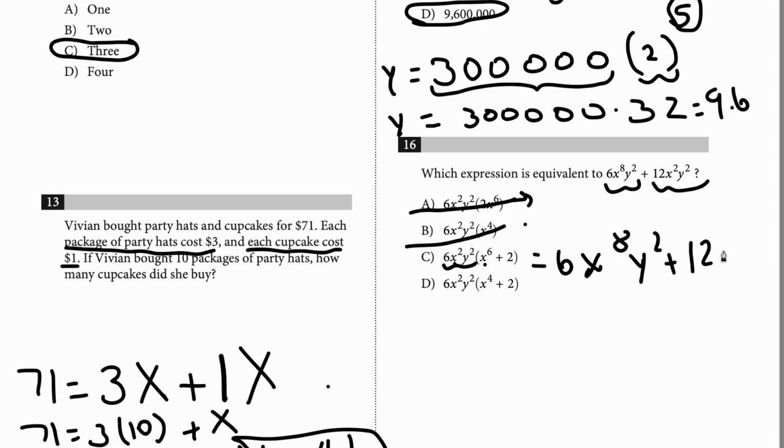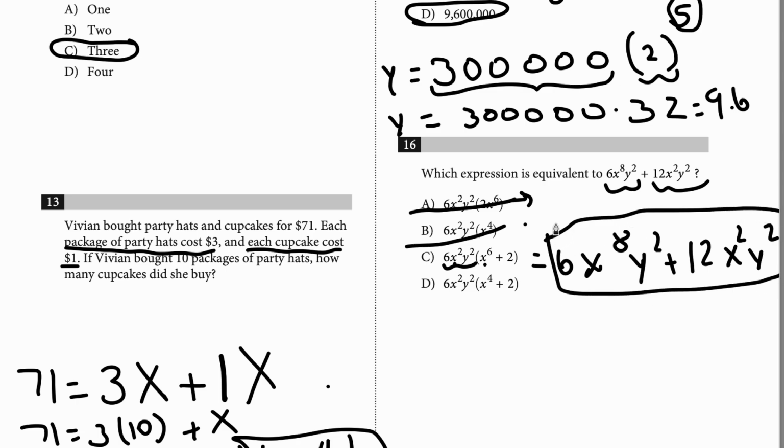So 12 times x squared times y squared. And we know that this is equal to the original expression. So we know the answer for this problem would be C.